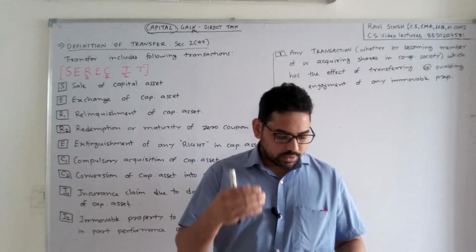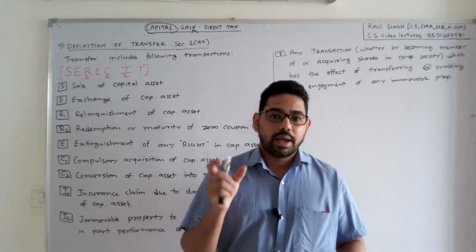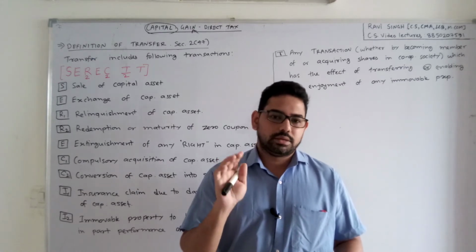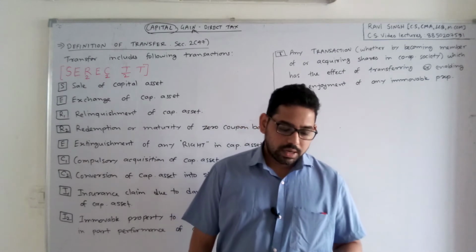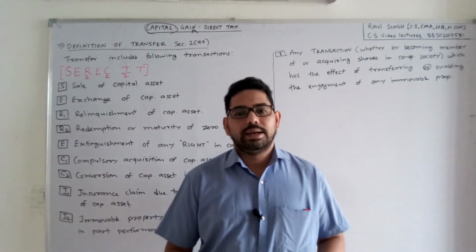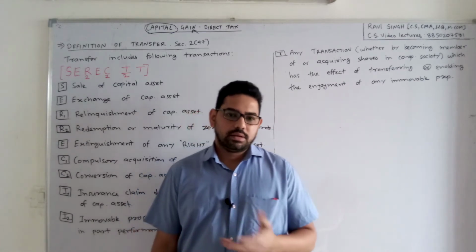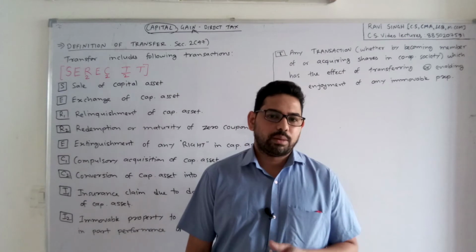So these points from 1 to 5 are related to the M, that is movable personal assets. Then point number 6 is related to R, that is rural agriculture land in India. So rural agriculture land in India is exempt, means it is not considered in the definition of capital asset.